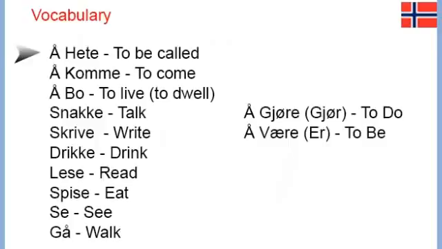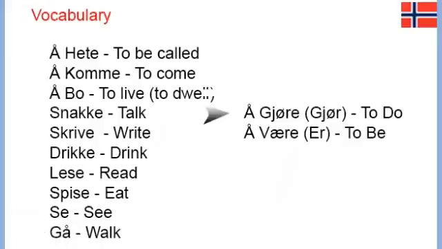å hete, å komme, å bo. I skipped the O in front of the next, but of course all infinitive forms have the letter O. Snakke, skrive, drikke, lese, spise, se, gå.